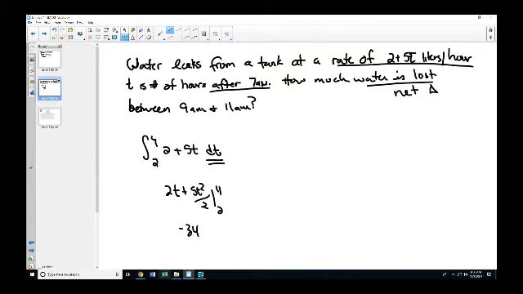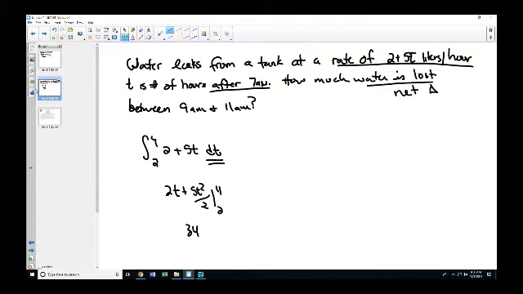This is the mathematical answer, but then you have to think contextually.